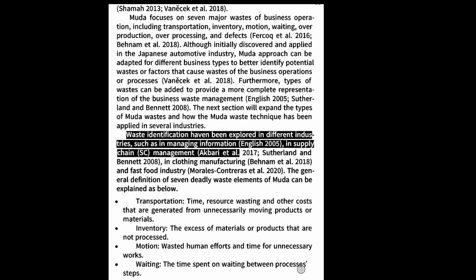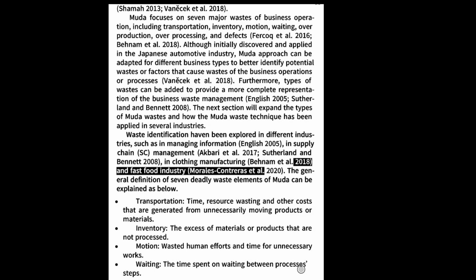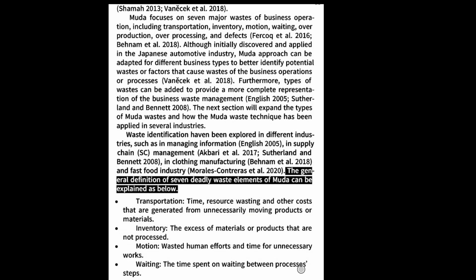Waste identification has been explored in different industries, such as in managing information (English 2005), in supply chain (SC) management (Akbari et al. 2017; Sutherland and Bennett 2008), in clothing manufacturing (Benam et al. 2018) and fast food industry (Morel Contreras et al. 2020).